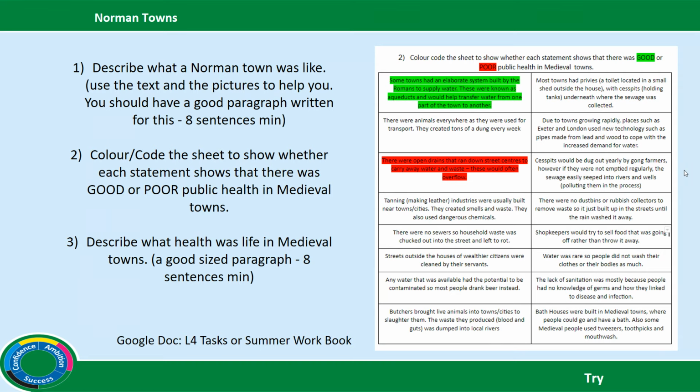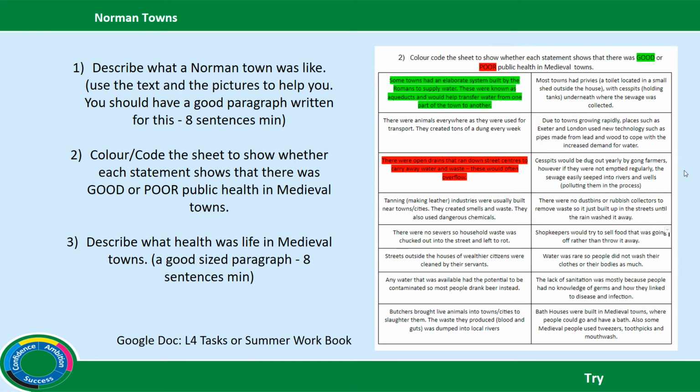Remember, the Norman period is part of the wider medieval era, so you can use this information from the Norman Town question in your answer. Now, an example of each has been done for you. You could use the highlighter function, you could code it, or if you're doing it on your summer workbook, you can do it whatever way you like.